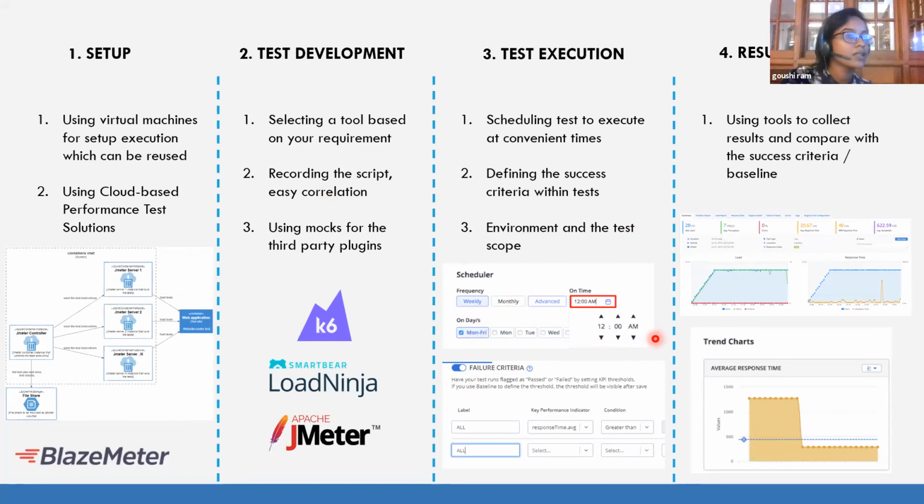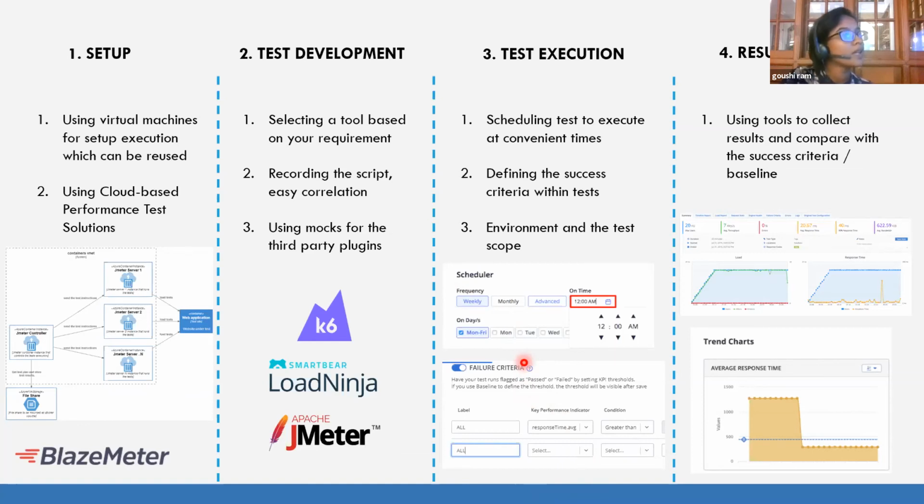The success criteria can be defined in a way that when the test is executing, it automatically fails or passes the test depending on this success criteria. Here is an example of how BlazeMeter allows us to define these success criteria. Here at the key performance indicators, we can define the response time, average response times, the error rate, the time it takes to execute, etc. Using these, we can create a smart solution for our test execution.